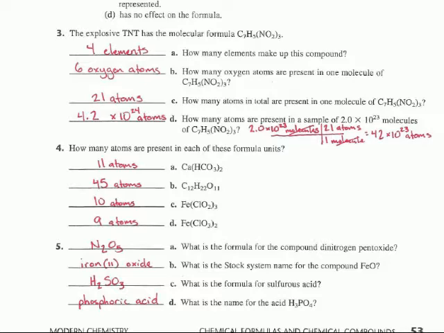C, how many atoms in total are present in one molecule of C7H5(NO2)3? So in B, we were asked how many oxygen atoms are present in one molecule. Now we're being asked how many atoms total. Now when we go over here, we get 7 carbon atoms, then an additional 5 hydrogen atoms, so we're up to 12. And this last step is where I saw some mistakes in class.